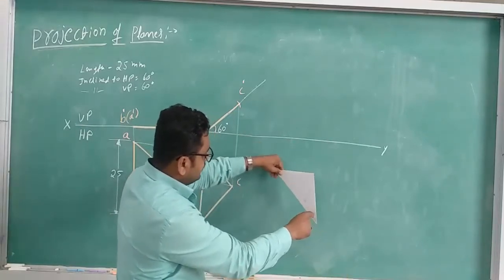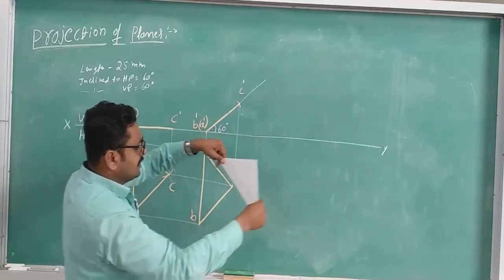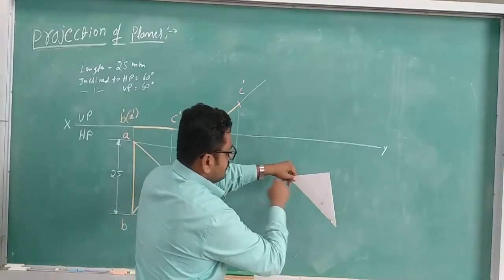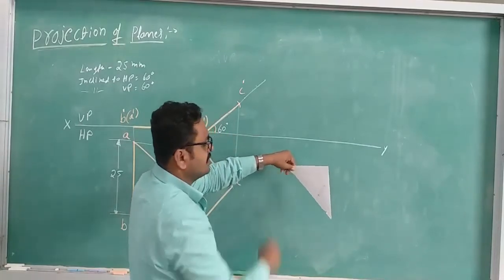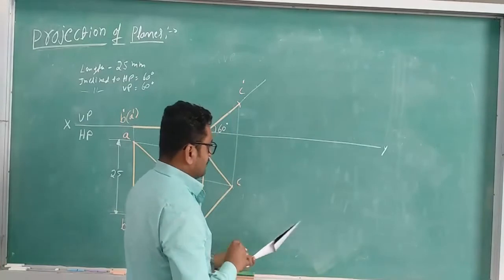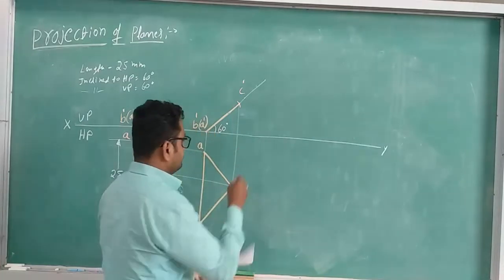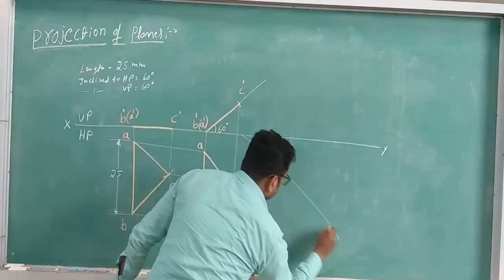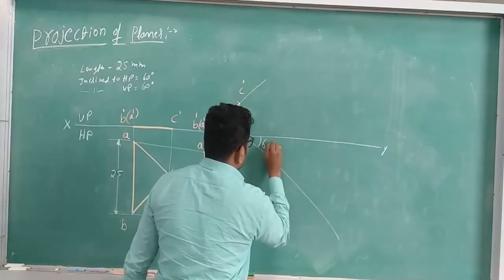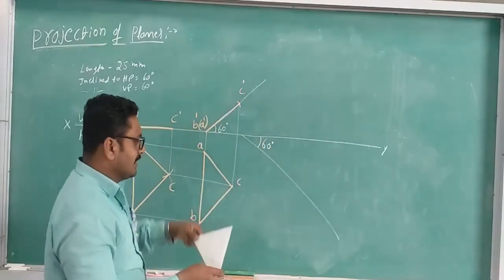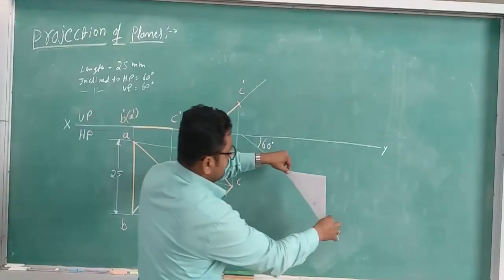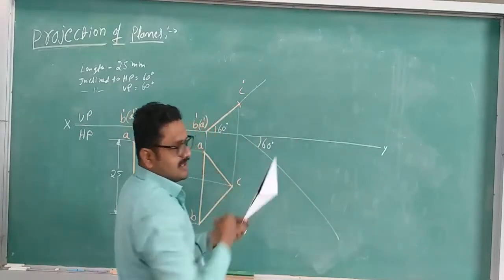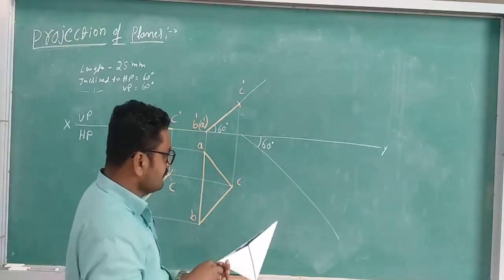On that line, we need to take this lamina and keep this edge AB on that 60 degree line. So we need to draw a 60 degree line, and now I need to maintain this AB at 60 degree with VP.